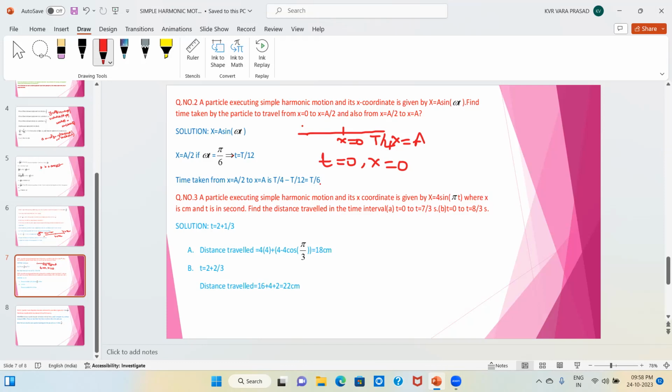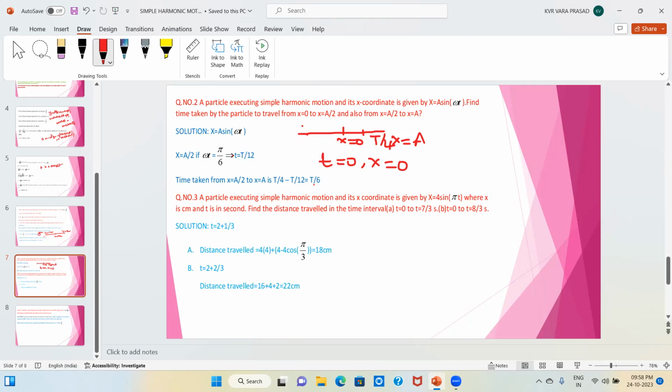So for the first half of the distance, 0 to a by 2, the time taken is T by 12. To cover the remaining distance, it takes T by 6, double the time, because speed is decreasing while moving from mean position to extreme position. That is one point we have to keep in mind.